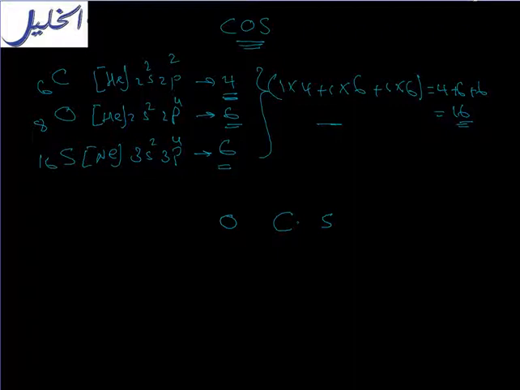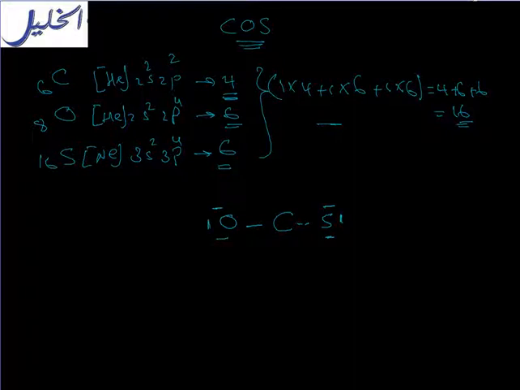Now we have 16 valence electrons, so we must make bonds between carbon and sulfur. It's one bond, so we put 2 electrons, and another 2, 3, 4. We must also put a bond between carbon and oxygen: 1, 2, 3, 4.